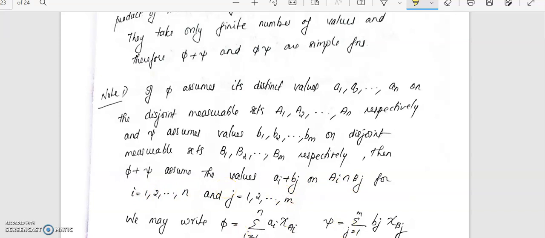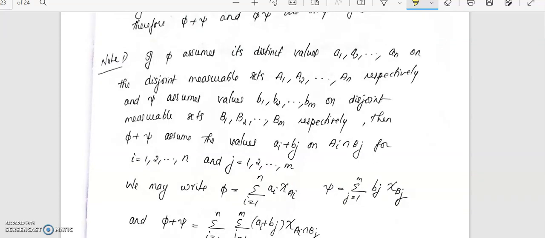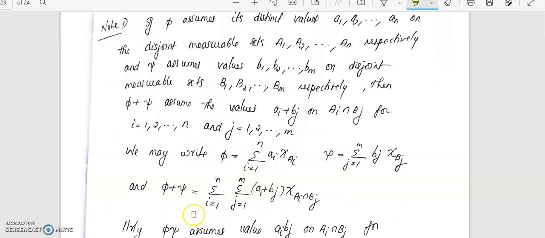Using canonization, phi can be written as summation i equal to 1 to n ai into chi of Ai, and psi as summation j equal to 1 to m bj into chi of Bj. Phi plus psi will take the value ai plus bj on Ai intersection Bj. So we can write phi plus psi as the sum over i, sum over j, of ai plus bj times chi of Ai intersection Bj.